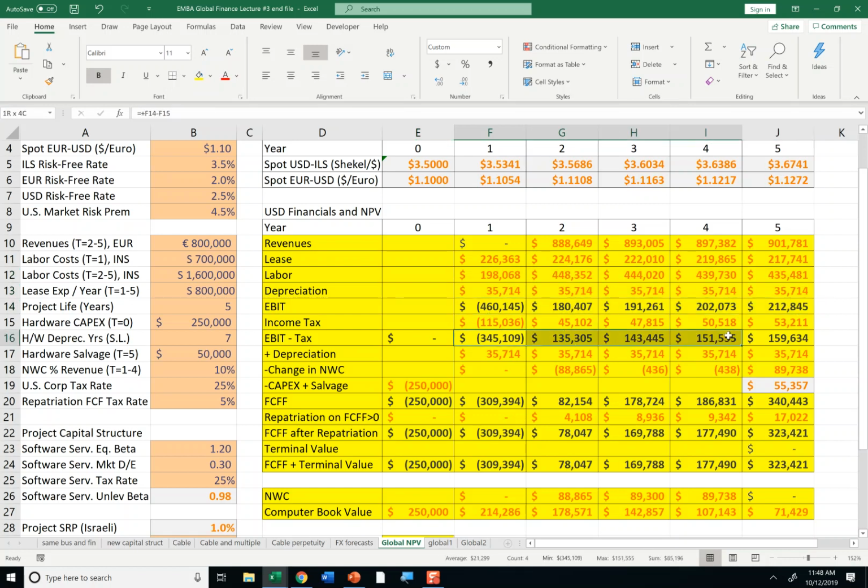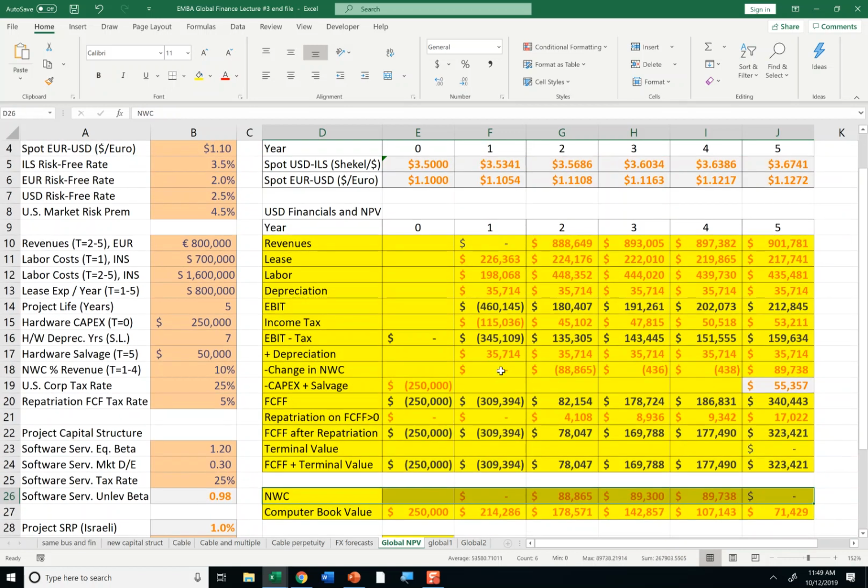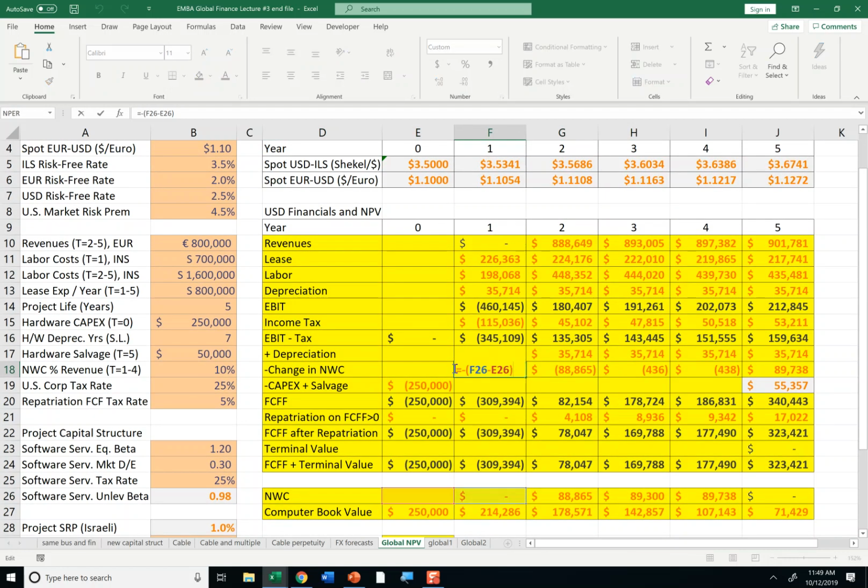I then got EBIT after tax. I added back depreciation. I then subtracted the change in net working capital. Think of it as the buildup of inventory, where I kept track of the balance sheet item right here, which is just 10% of sales. So I subtract the change in net working capital. That's why it spikes when it goes from 0 to 88,000, and then when it goes from 89,000 to 0, it comes back.